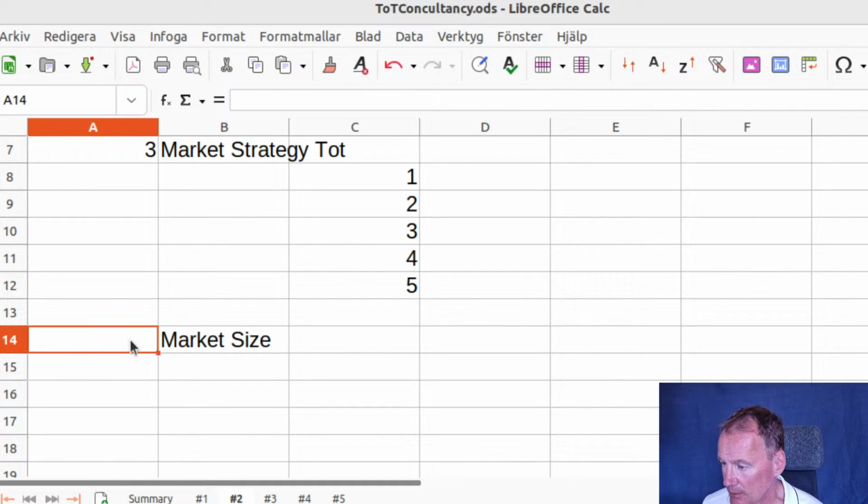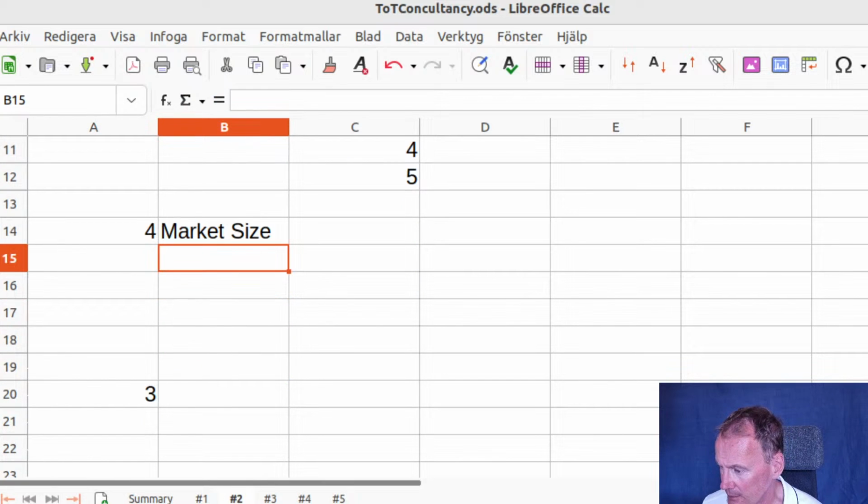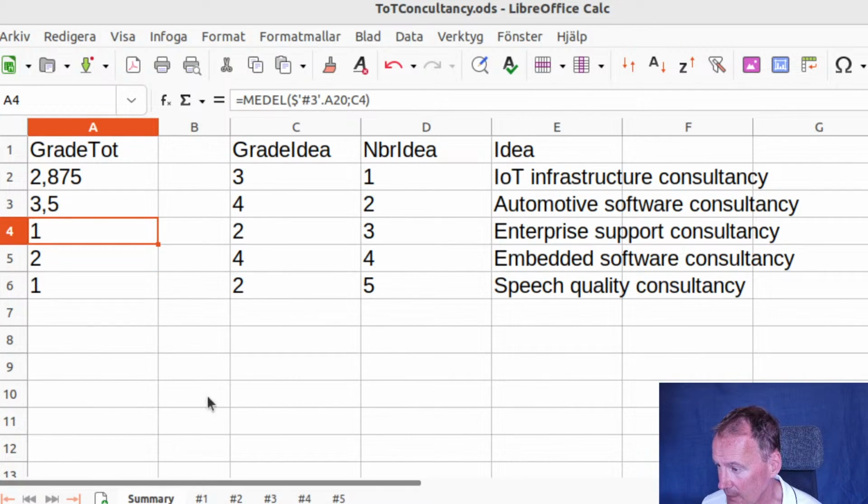Yeah, well, it's quite a good market. Not the biggest of these, but you couldn't say that the car market is not part of the IoT market, so there is definitely a market here. So we get a 3 from that one. So in the total grades we have 3.5 for that one and 2.85 for IoT infrastructure.